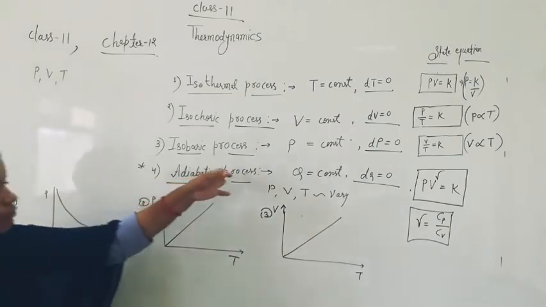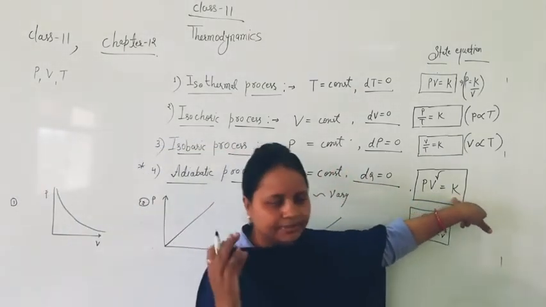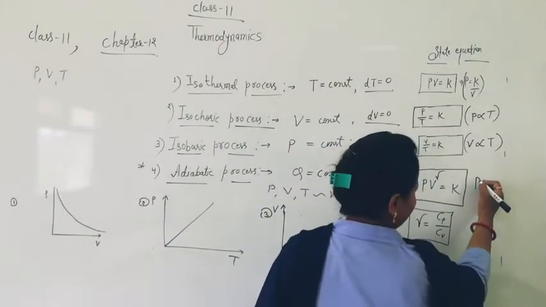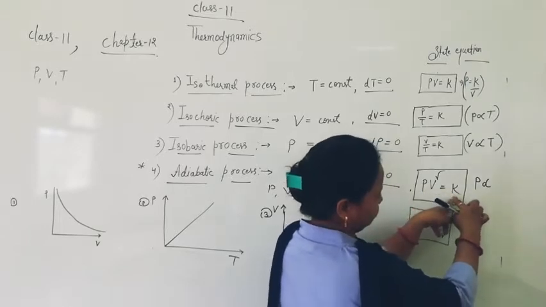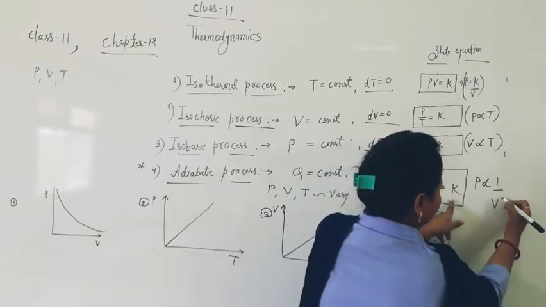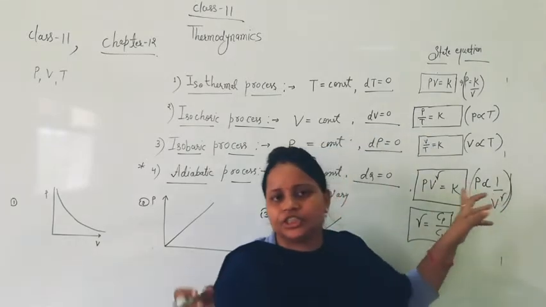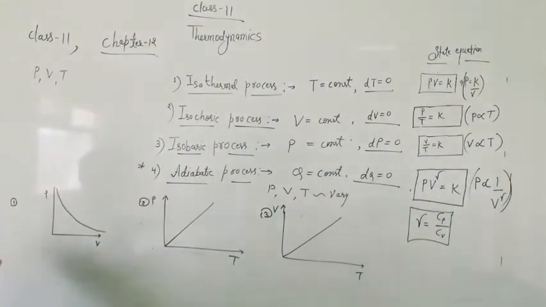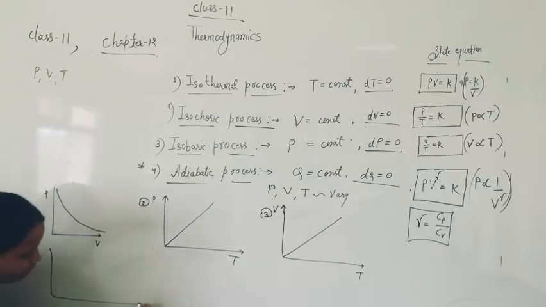And at the last, for the adiabatic process, pressure and volume are related by the state equation, from which pressure is 1 upon volume raised to the power gamma. That means volume and pressure are again inversely proportional to each other. Similar to the isothermal process, for the adiabatic process pressure and volume are hyperbolically related.